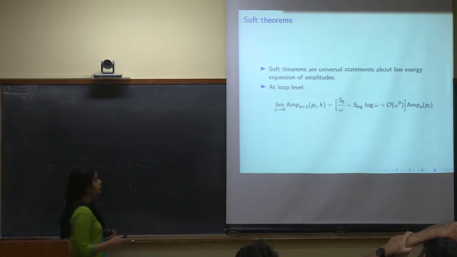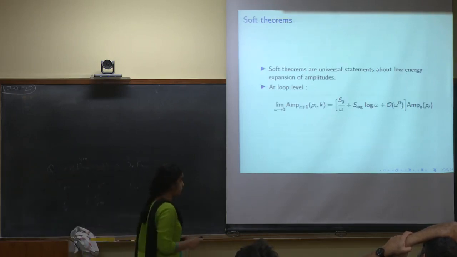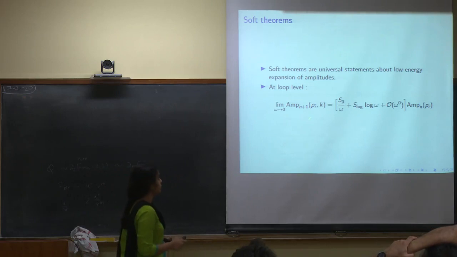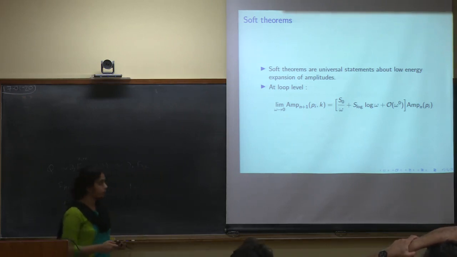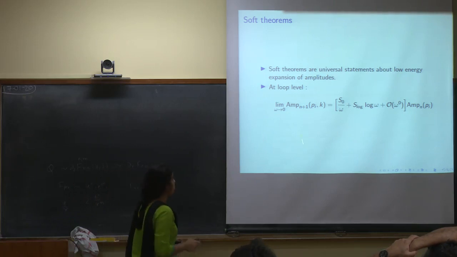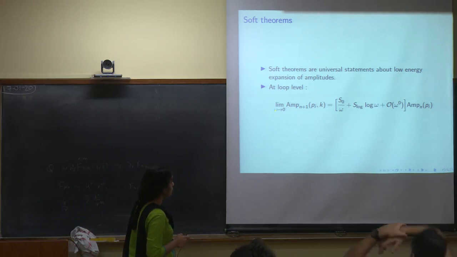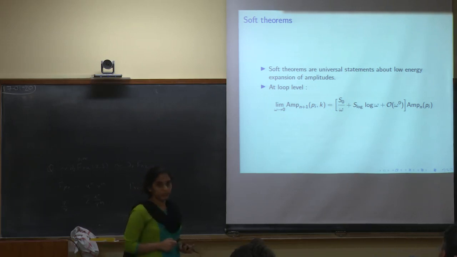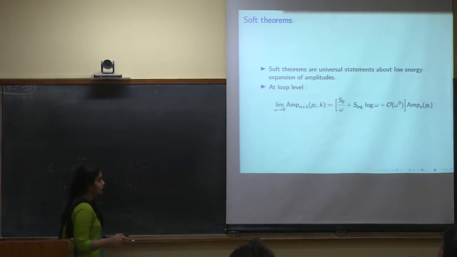So let's discuss soft theorems in a little bit of detail. As we know, for a single soft theorem, you start with the n+1 amplitude. We will be considering the soft photon theorem, so the (n+1)th particle is the photon, and we study this amplitude in the limit when the energy of the photon is taken to 0, and the leading order term is 1/ω.